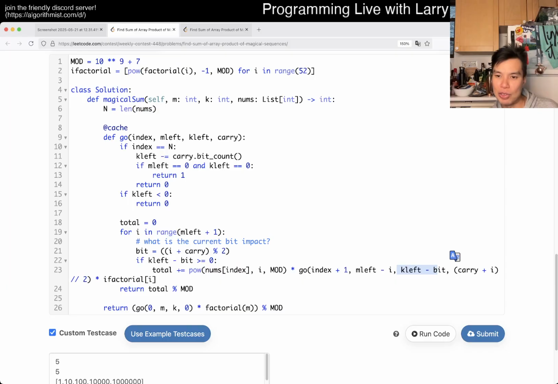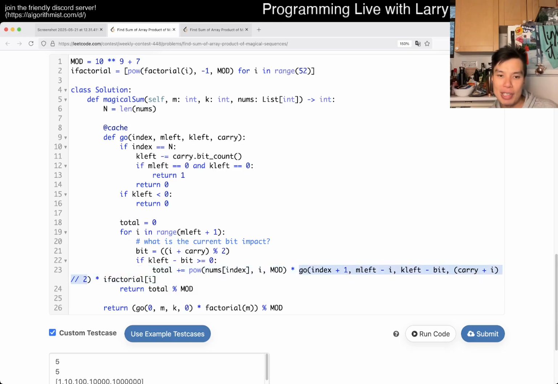Then we do carry equals (carry plus i) over 2. This part is now the new carry. If you think about binary addition, this is what's left over for the bit, and this is the carry for the future, because we divide by 2, which is a shift, so that we carry the new carry. So this is the new carry, and that's it for this part.